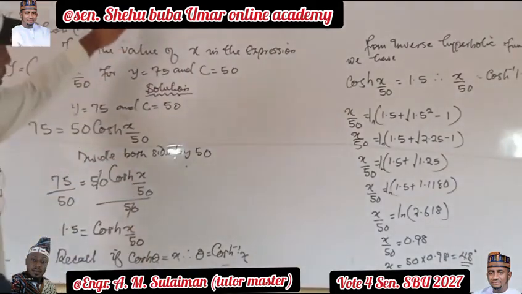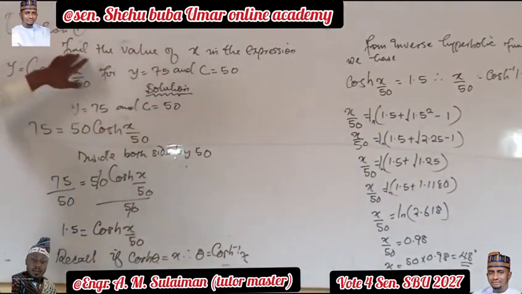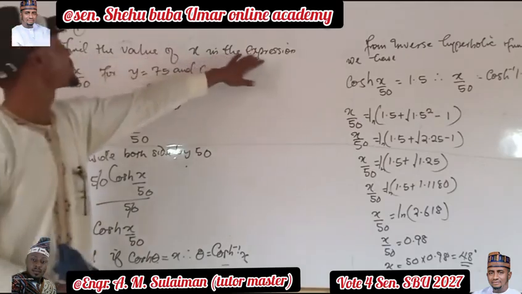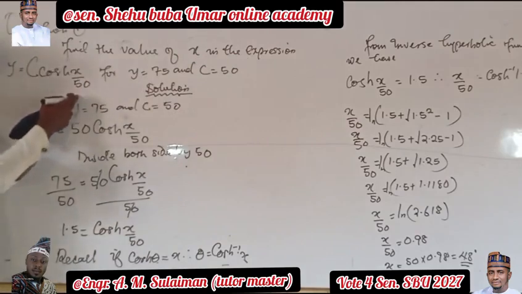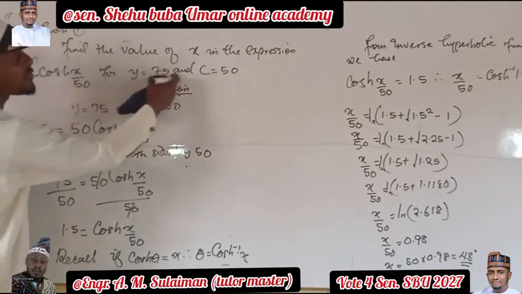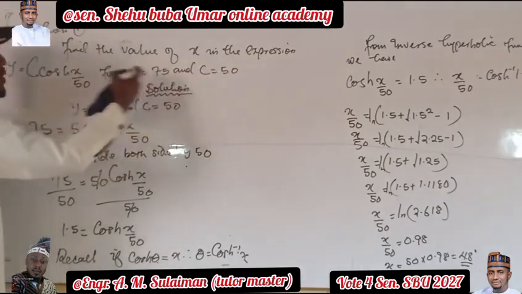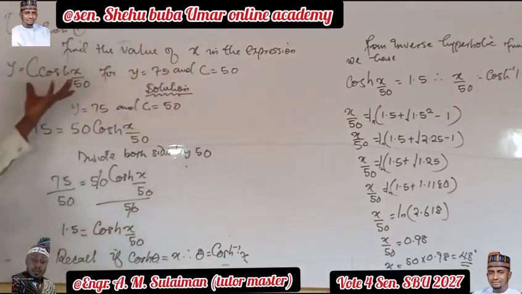Now, to summarize the explanation, we should find the value of x in the expression y equals c cos x all over 50, for y equals 75 and c equals 50.